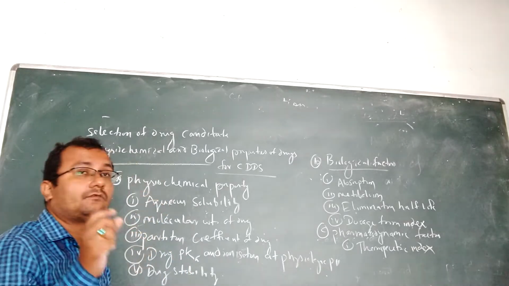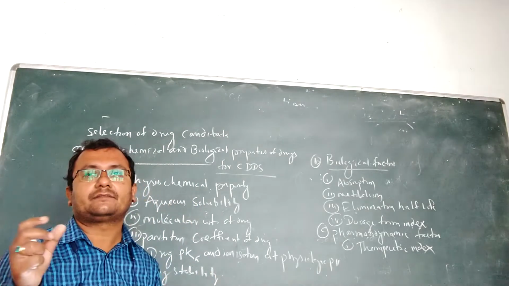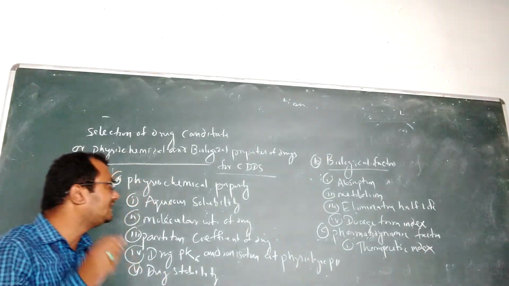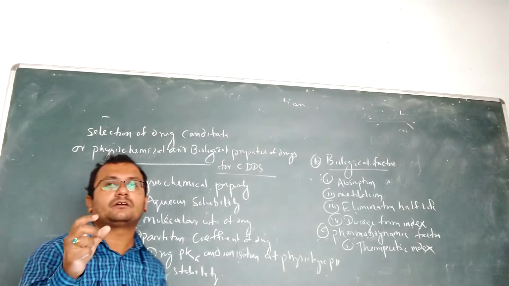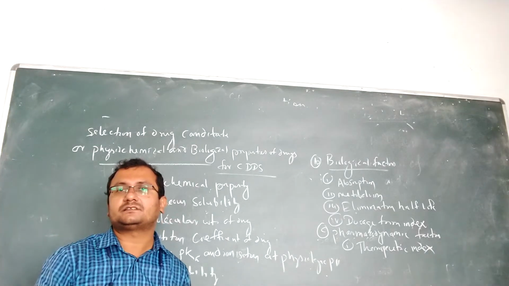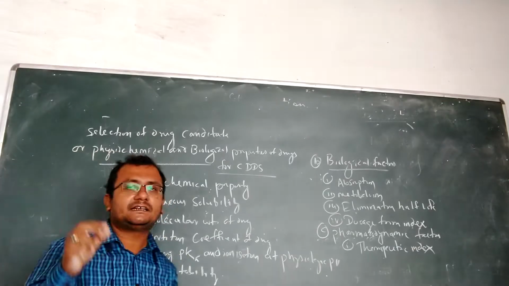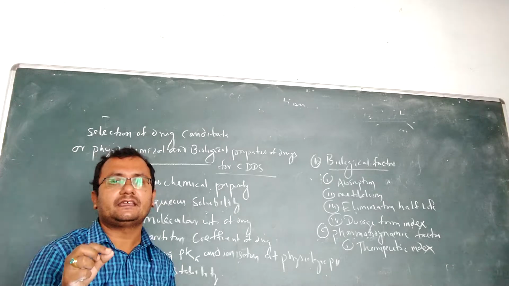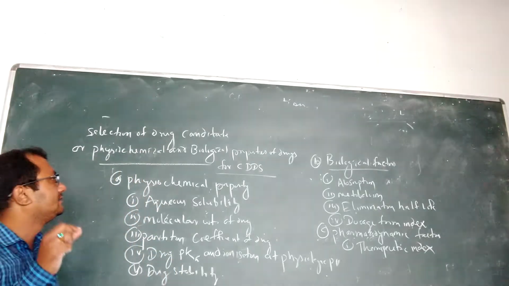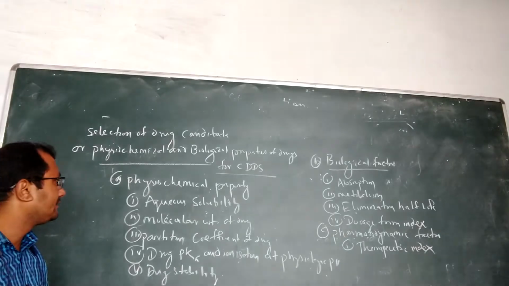If the water solubility is poor, then it will cause a problem while releasing the drug from the controlled drug delivery system and in absorbing properly. So that's why it should have good aqueous solubility for the design of a controlled drug delivery system.